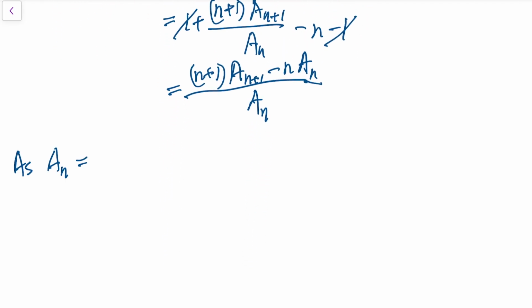We know that An is equal to (a1 + a2 + ... + an) over n.